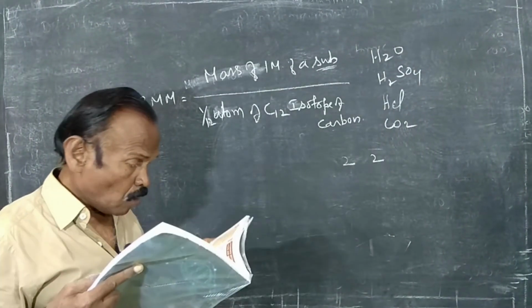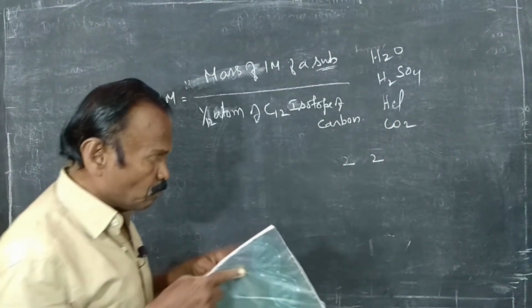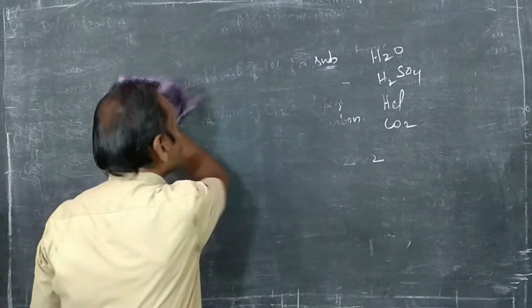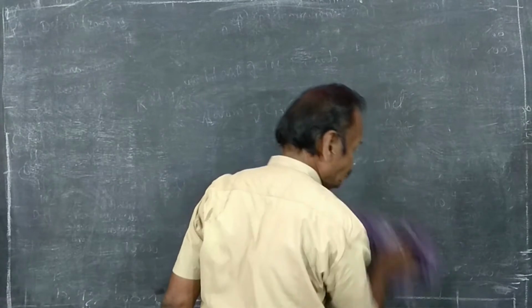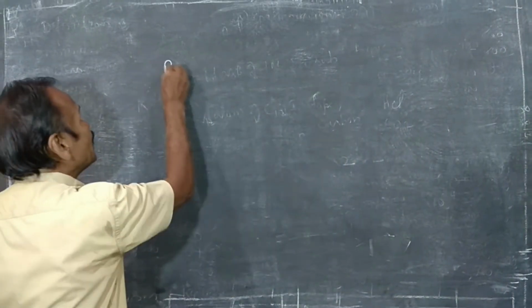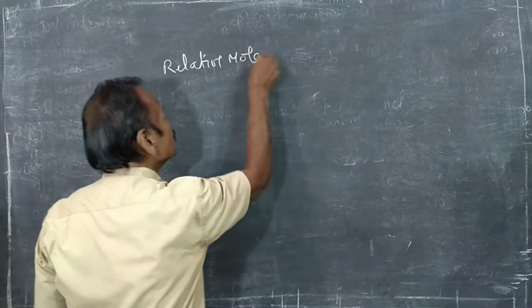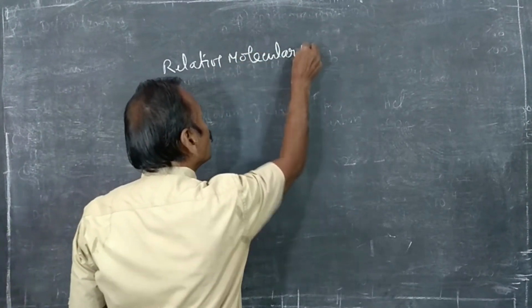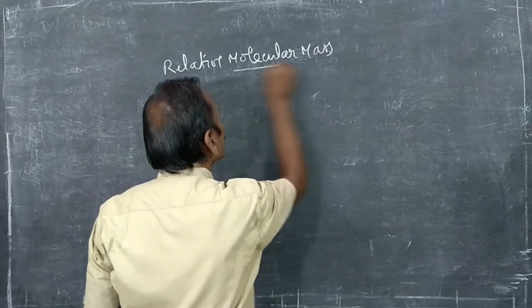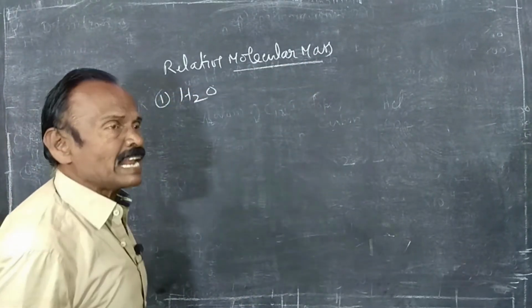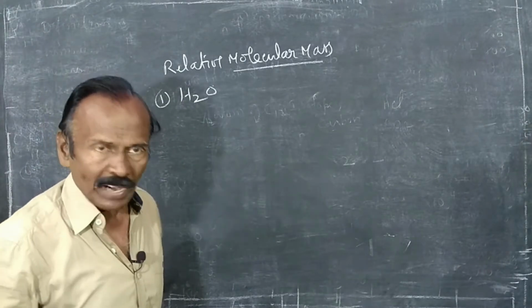Then how do you calculate the relative molecular mass? The example given in the book is the relative molecular mass of water.